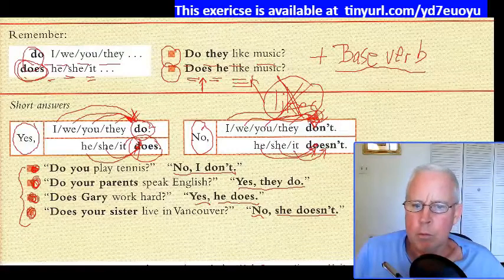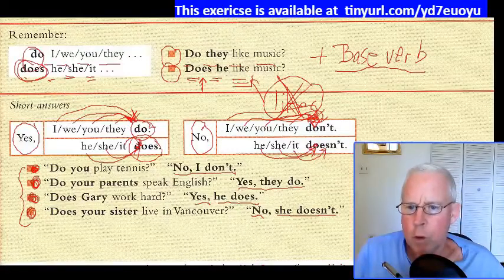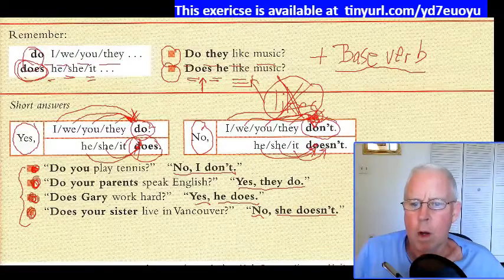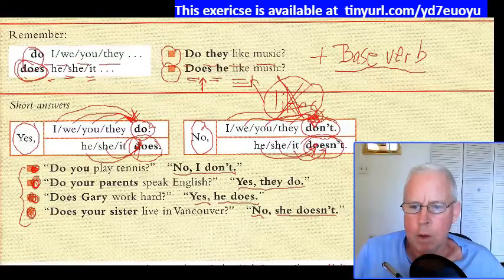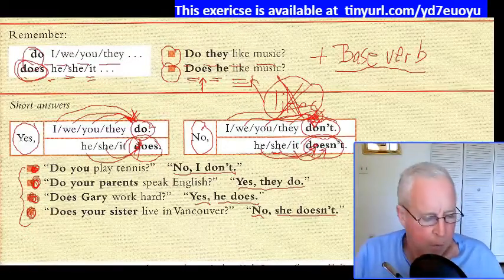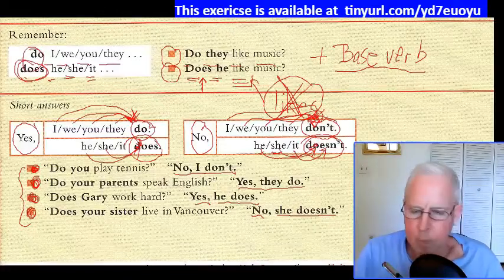So it's do not or don't for I, we, you, they, and it's does not or doesn't for he, she, it. So that's the information we need.